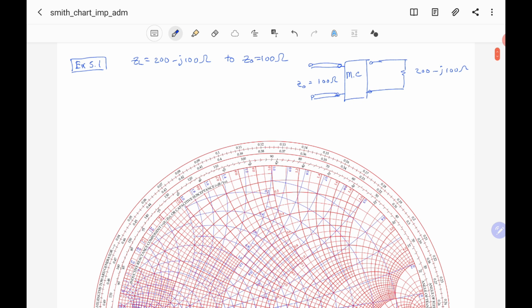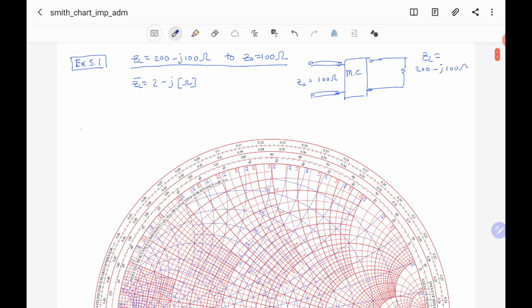To use the Smith chart, we can normalize the impedance, right? So 2 minus j. In the Smith chart, this is the r=1 circle.